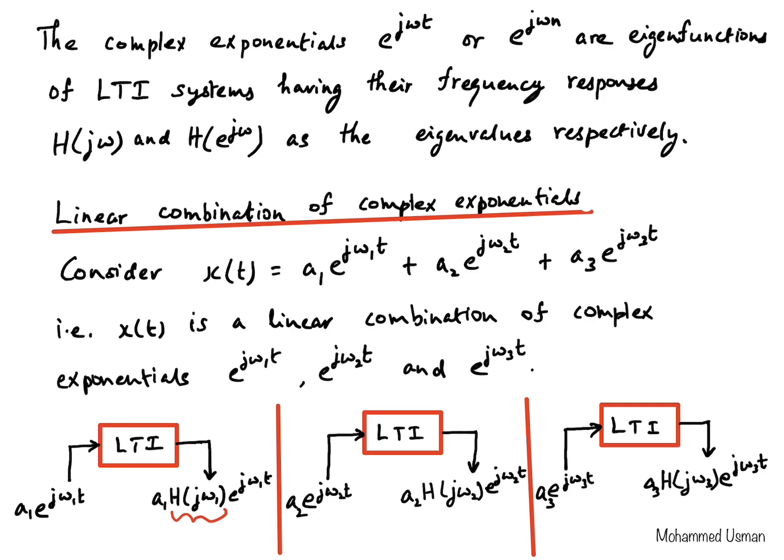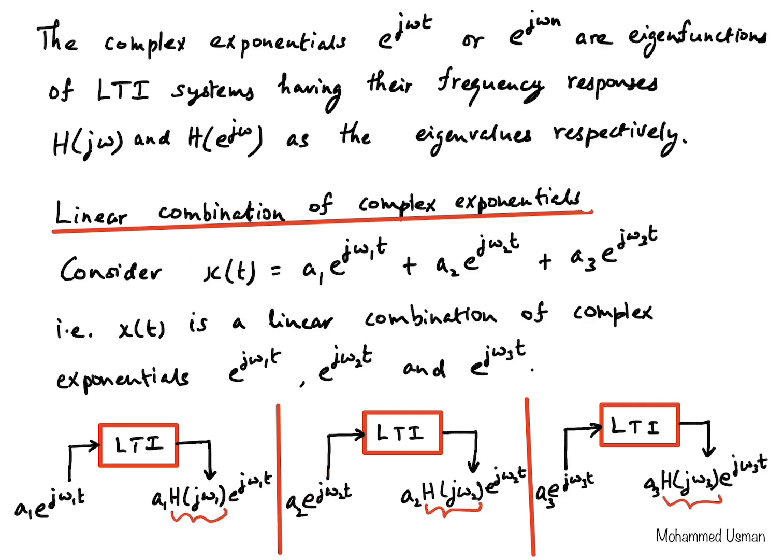Similarly, for a2 e power j omega 2t as our input to the LTI system, it produces an output given by this, where H of j omega 2 is the eigenvalue, and for the third component here, a3 e power j omega 3t, the output is a scaled version of the input where the scaling factor is H of j omega 3. So those are the individual outputs for each of these input signals.